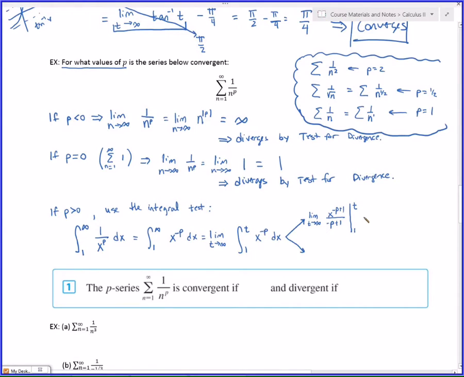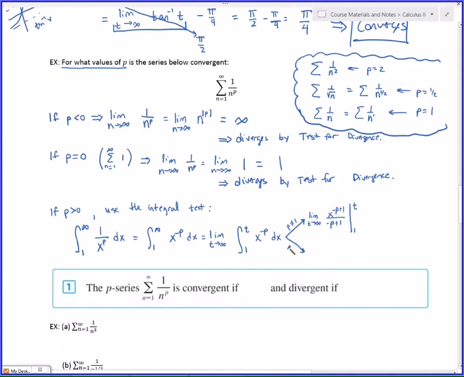Now, why are there two cases where there's one value of p for which this is a problem? It's not true when it's x to the minus 1. So this is when p is not 1.